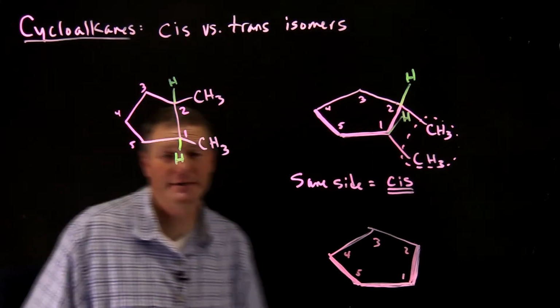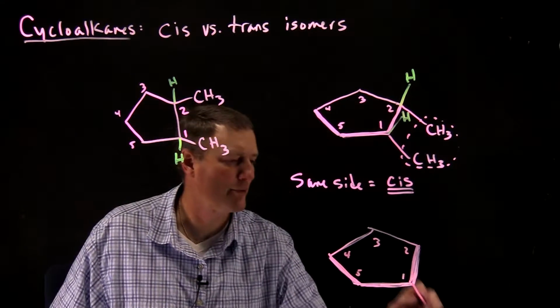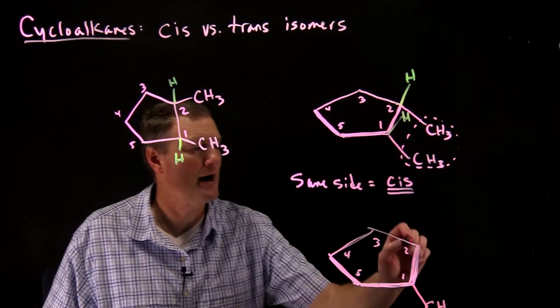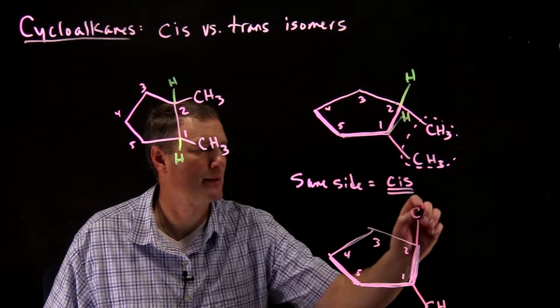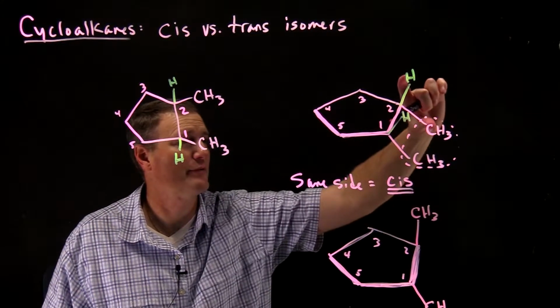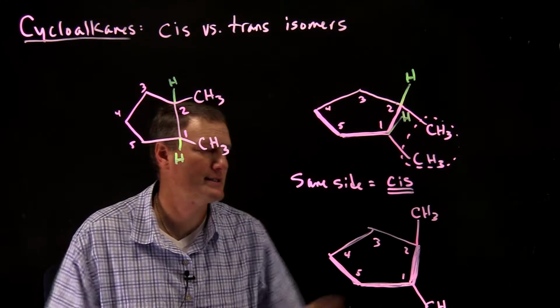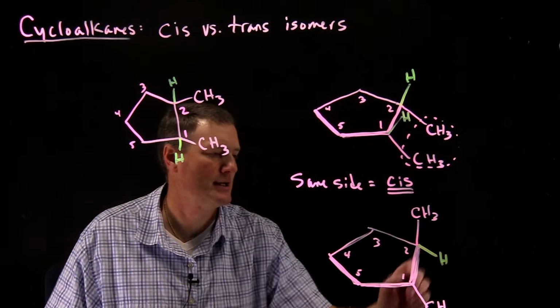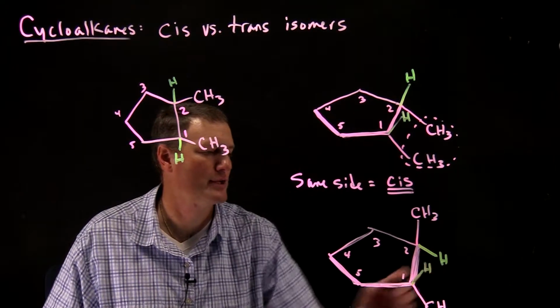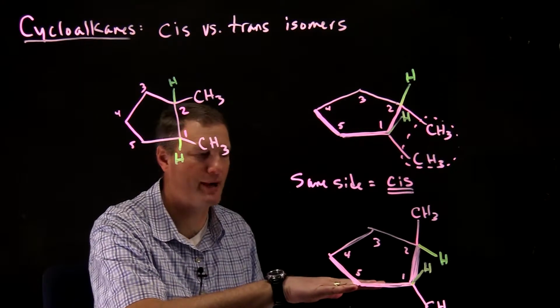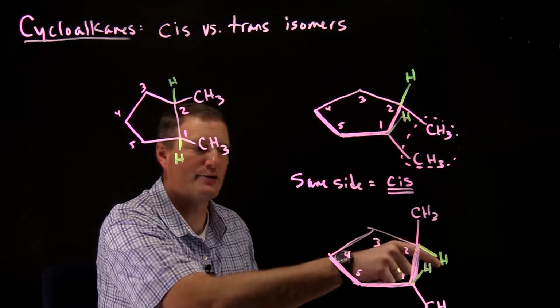Let's draw the opposite isomer, where I keep one of the methyl groups sort of in a downward direction relative to the plane, but the other one's going to be sticking up. So I've just basically flip-flopped the hydrogen and the methyl group back on carbon 2. And what that does, it also flips the hydrogens. So now I have a hydrogen coming off carbon 1 that's sticking up relative to the plane defined by the ring. Off carbon 2, the hydrogen is sticking down.